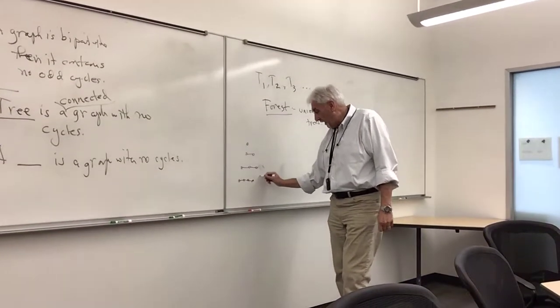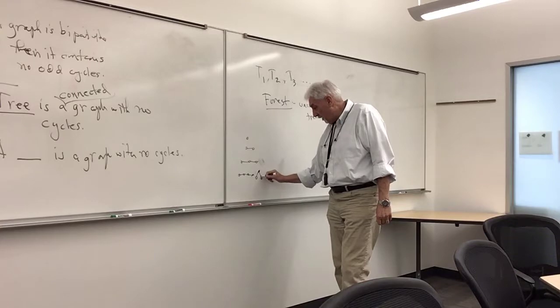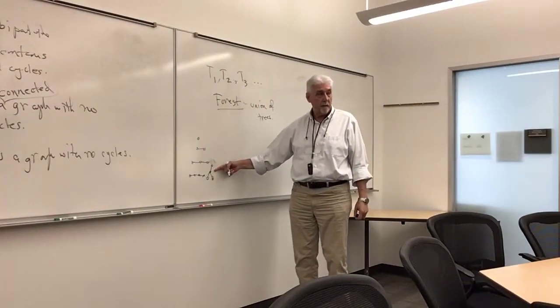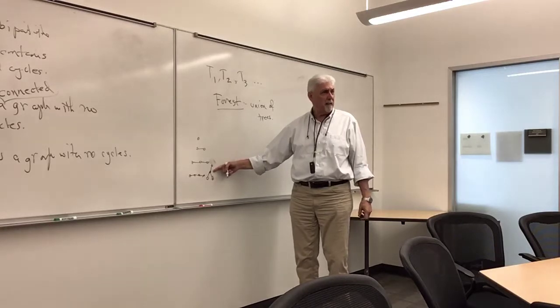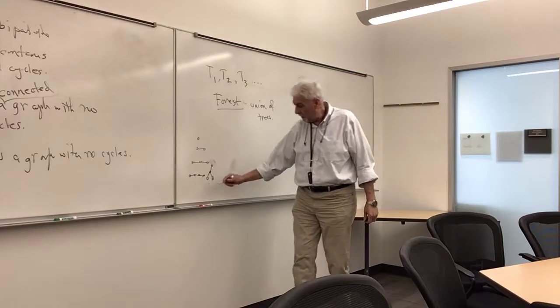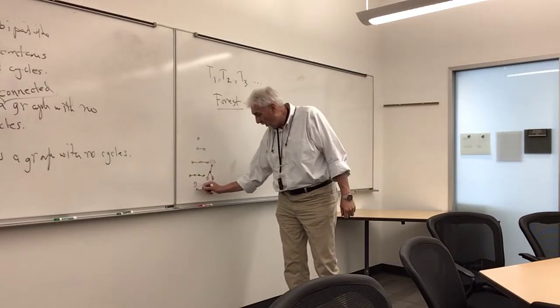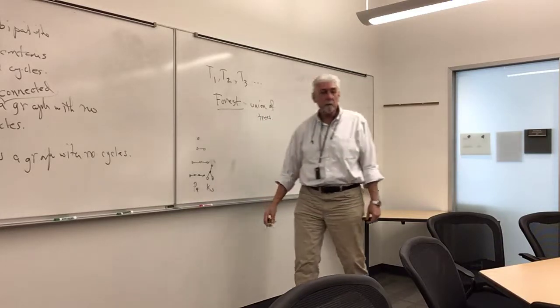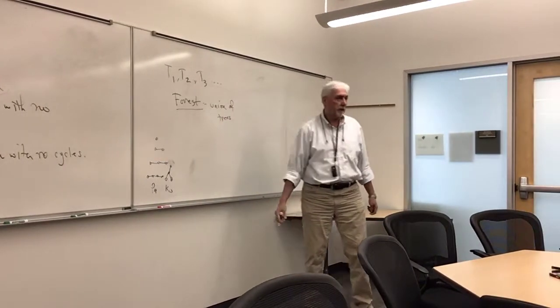A path. And what's this called? We gave this a name, didn't we? A star. So this is P4, and this is K13. So it looks like there aren't too many trees.